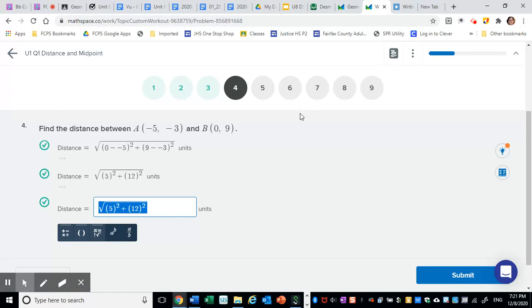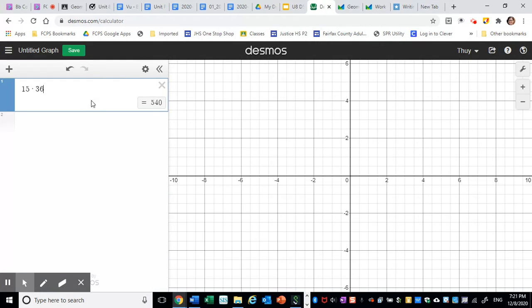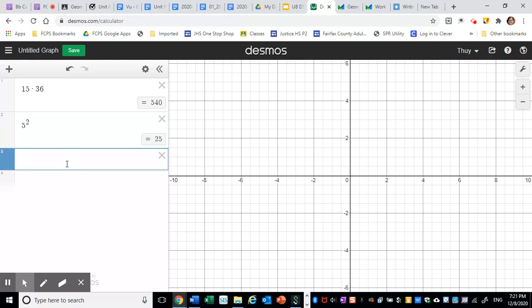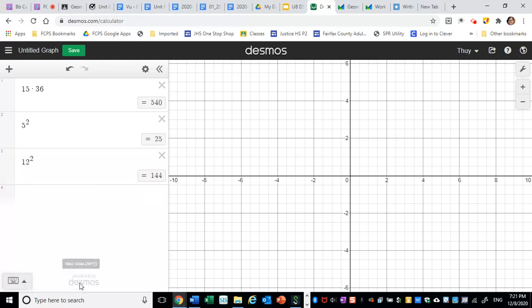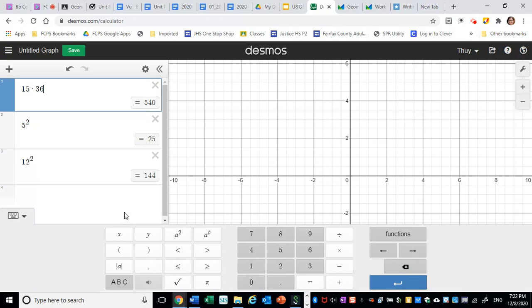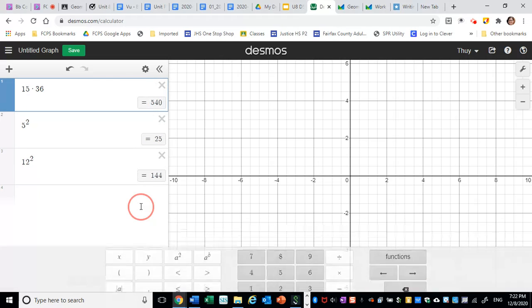I'm going to go to the decimal calculator and put in 5 squared and 12 squared, right? So again, 5 squared is 25, right? And then 12 squared is 144, right? 144, you are going to put it here, for the keypad.